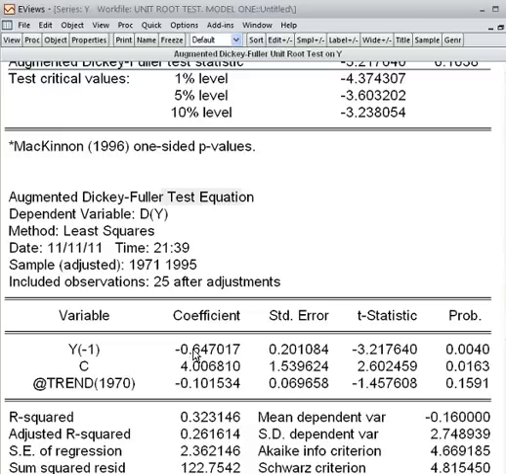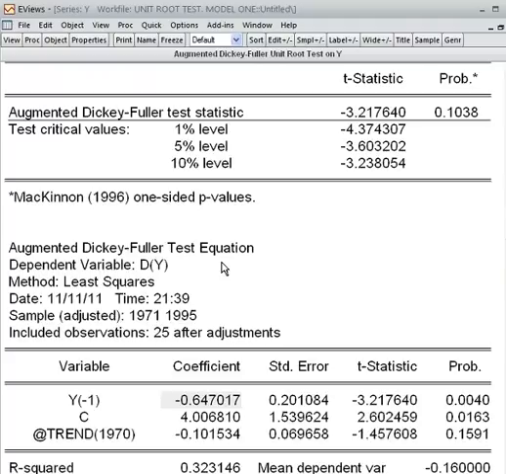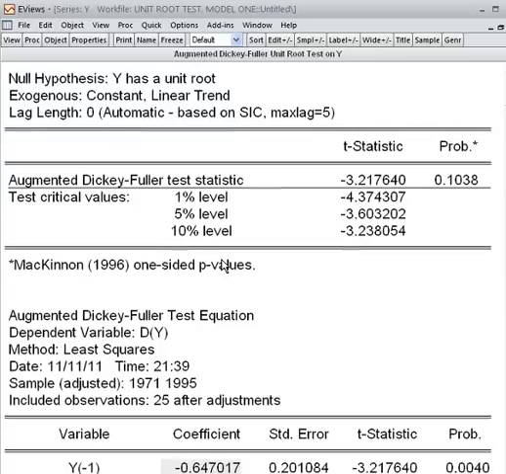But make sure the coefficient of this variable should be negative. Otherwise, this calculation is not valid, or the model is not valid. So it is negative, so we are happy about the model. Okay, so we have done the second one.